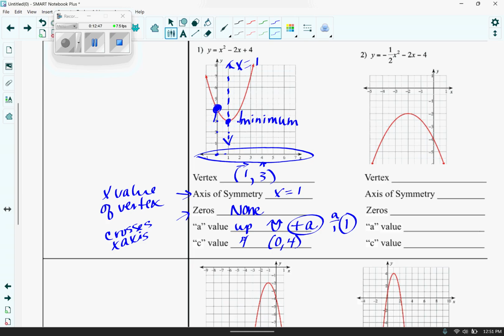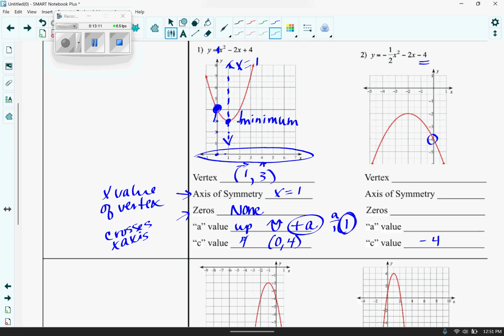Okay, number 2. This is a -1/2. So I know I'm going down. I also know it's a 1 because this is a 1. So I've got -1/2 x squared minus 2x minus 4. I automatically know that this is my C value, so I can say -4, and I can also see it right here.